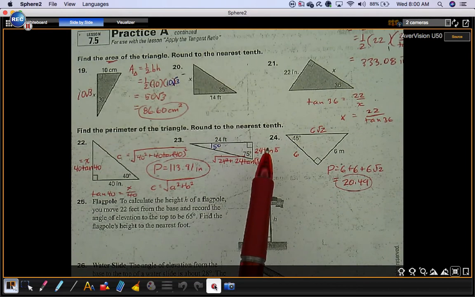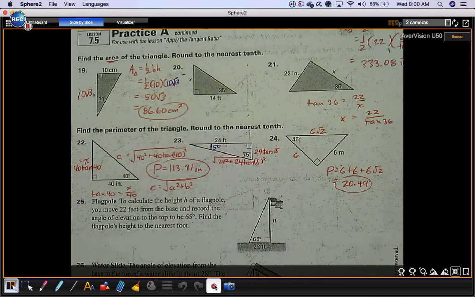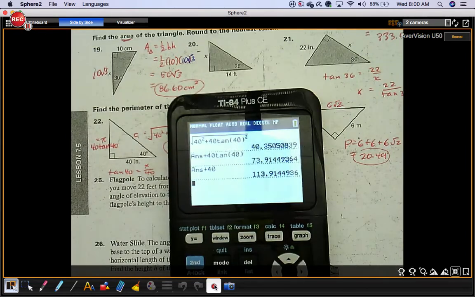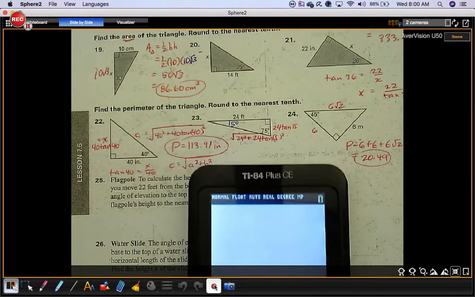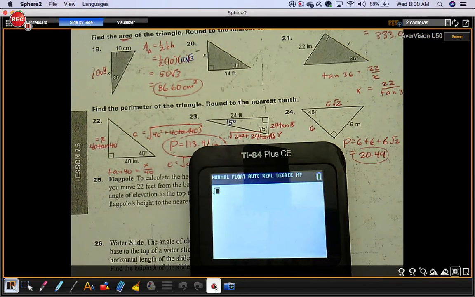Add this to this to this. I know it doesn't look pretty, but we'll start with the toughest one first. Square root 24 squared plus 24 tan 15 squared. That's the length of your hypotenuse. It's the exact length. I'm going to add that to my shorter leg. That's this guy, 24 tan 15.